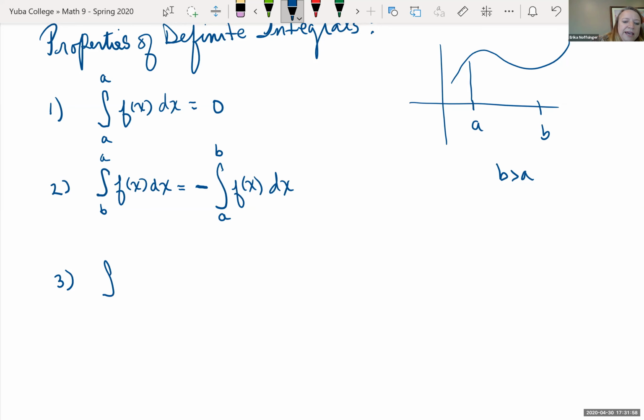If we're looking at the definite integral from a to b of some constant c times a function f of x dx, we can bring our constant in front of our definite integral and then just integrate f of x from a to b dx.